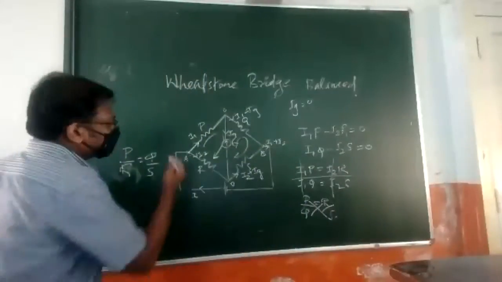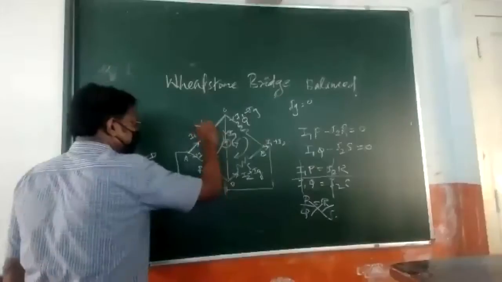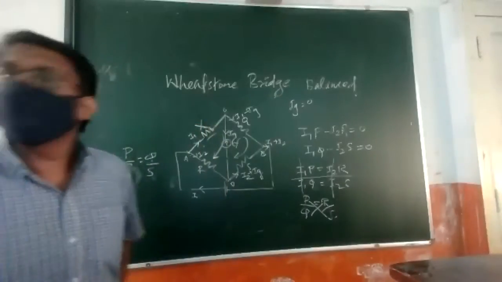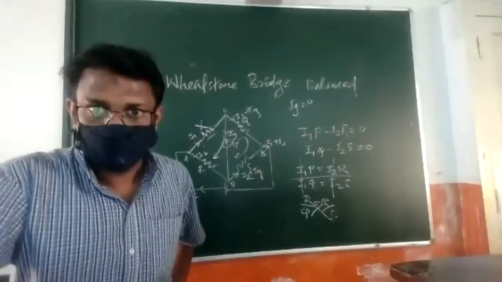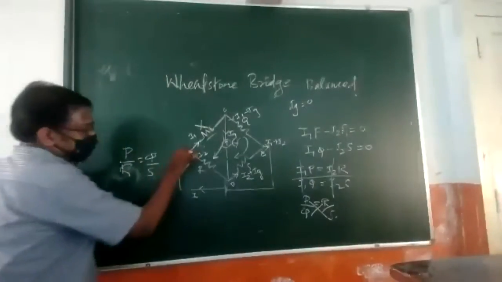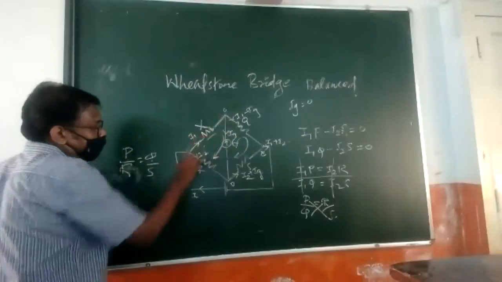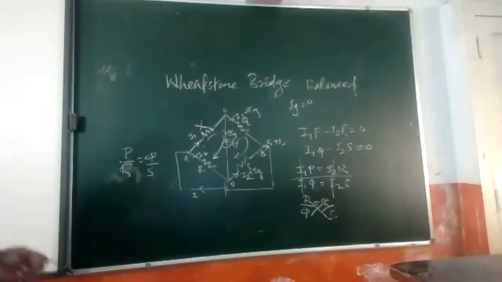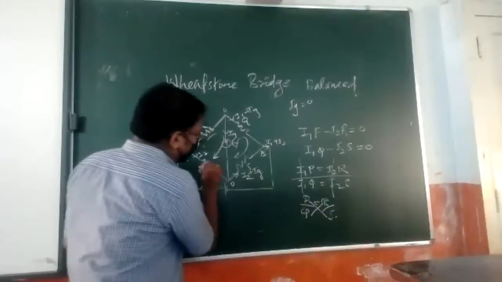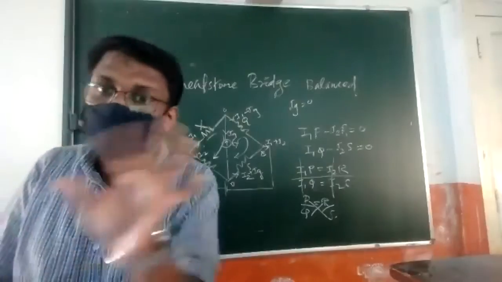Suppose instead of S, you are connecting here an unknown resistance X. You do not know the value of X. So to find out the value of X, you construct a different bridge in which you have X. And you adjust the values of R, S, and Q. X cannot be varied because it is an unknown resistance given to you.